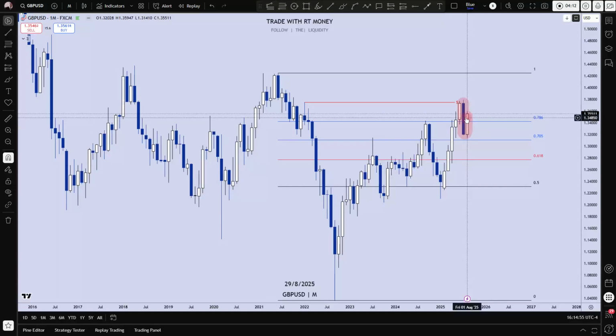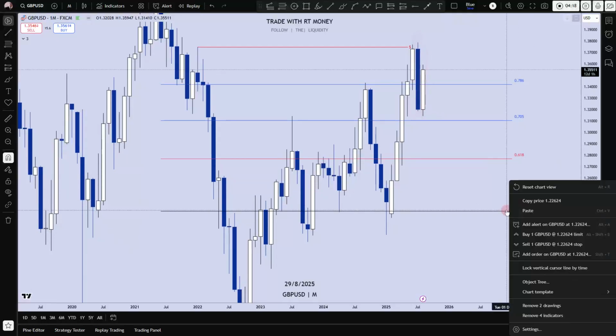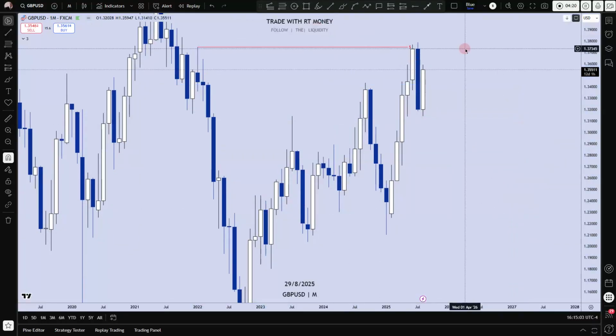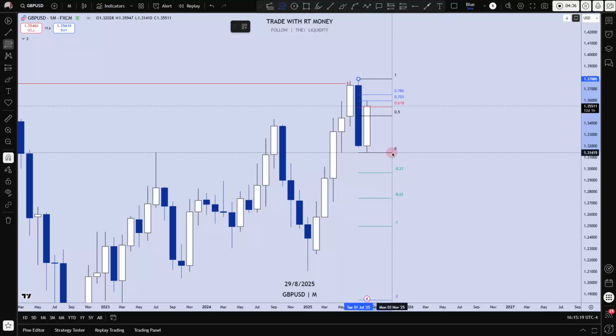August has been a bullish week, all right, kind of correcting the move of last week. But if you take a closer look, let me move this. If you take a closer look with this range of July's monthly candle, you put that Fibonacci retracement tool on it from the top to this low, which is the swing low, and you're looking at this candle as a retracement, we're right at 618.